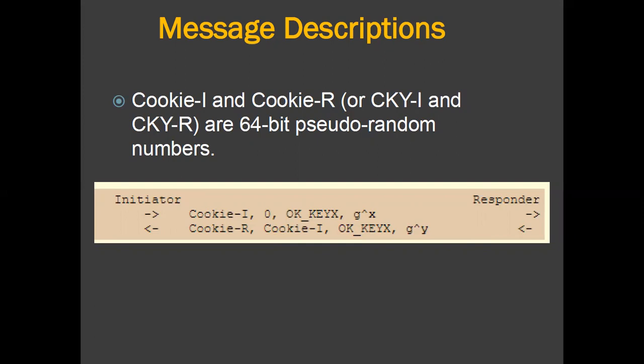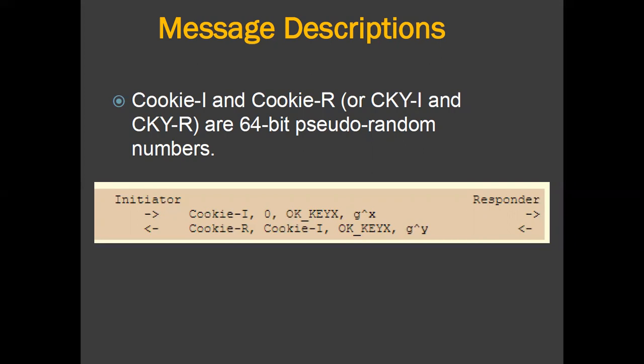The second field has the numeric value 0. The third field indicating the message type is OK_KEY_X. The fourth value is an abstract group element G to the power X, where G is the generator as we have seen and X is any random number which is selected by the initiator.